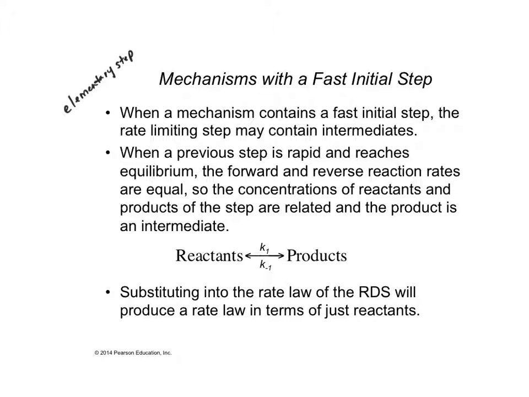So when we propose a mechanism, we have to validate it. And to validate a mechanism, it has to meet two criteria. Okay, so first off, all of the elementary steps that you have proposed have to sum to the overall chemical reaction. Okay? And number two, the experimentally determined rate law has to be the exact same as the rate law for the rate determining elementary step.